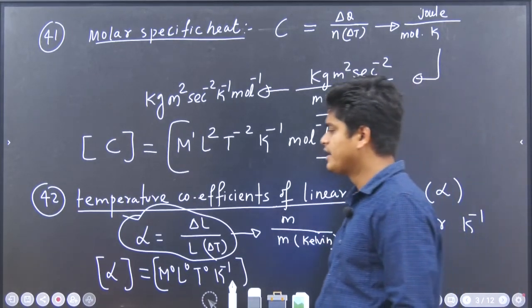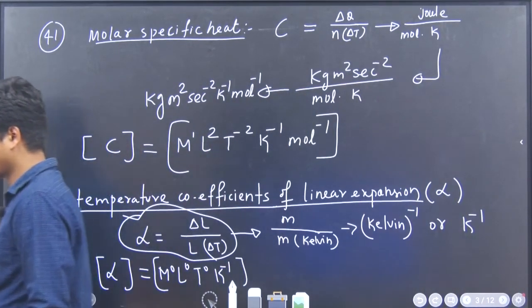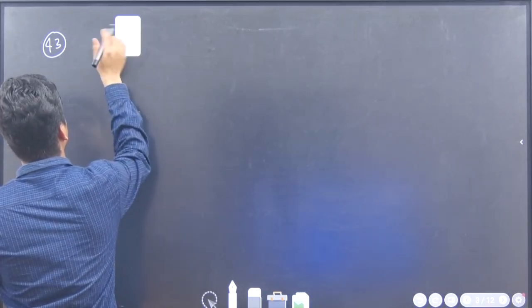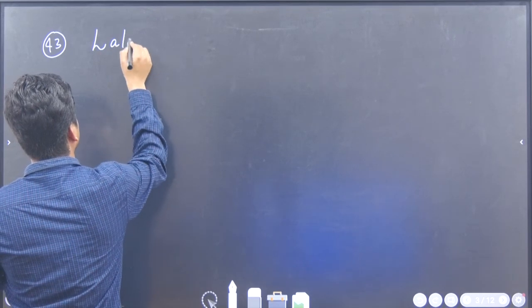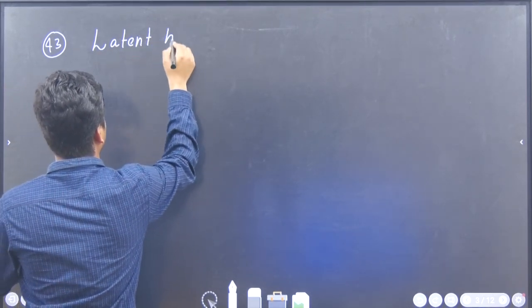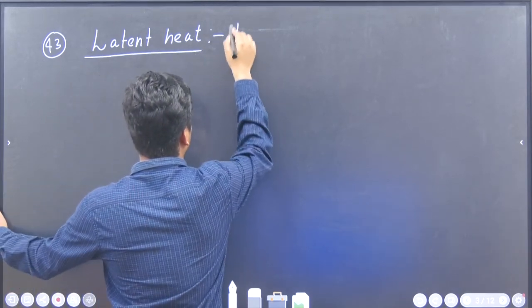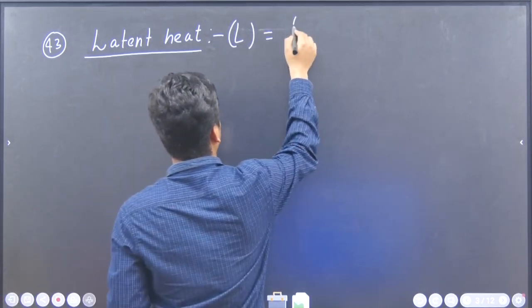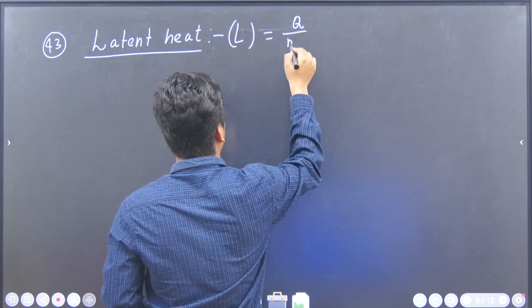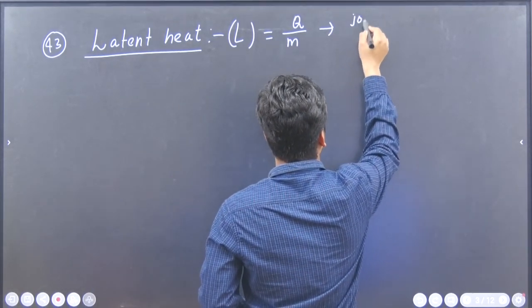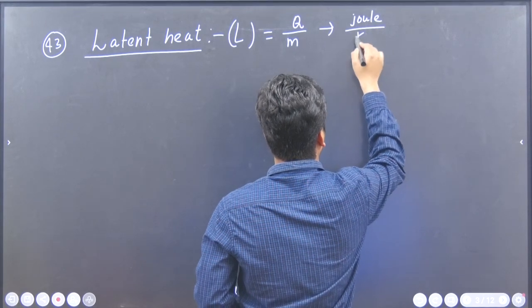I will go to the next quantity. So you will go to latent heat. Latent heat symbol is basically given as L. That is nothing but heat per unit mass, or you can write it as joule divided by kg.